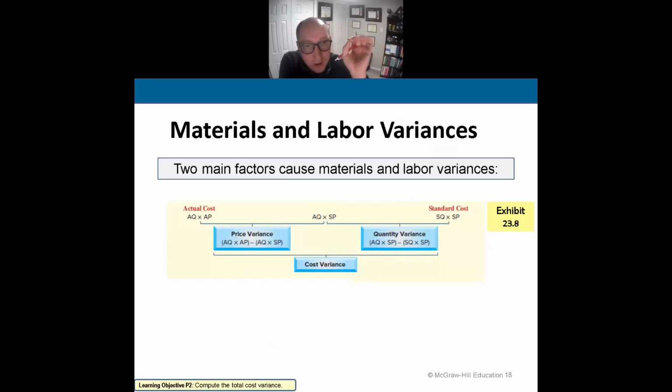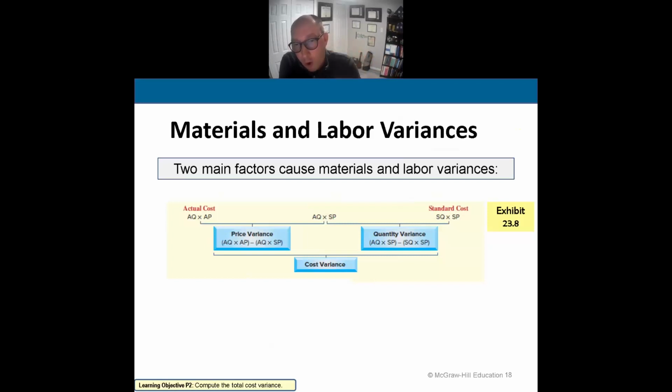The price variance is the actual cost, the actual quantity times the actual price, minus the actual quantity times the standard price. This shows me the price variance. Basically it shows me the difference between the actual price and the standard price. You just plug the numbers in. Very easy. So that's how to find the price variance.